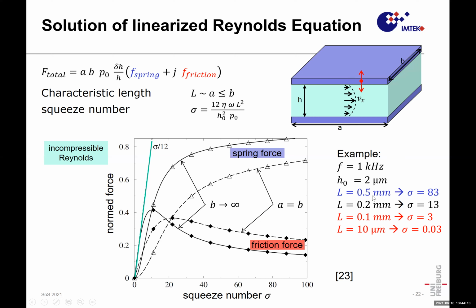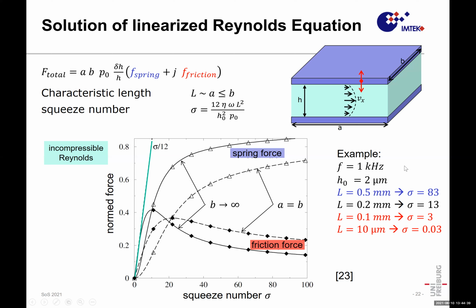So if I have 0.5 millimeter characteristic length, this would be the size of a microphone, I would get a squeeze number of 80, so very high in this case, and that would be like a parallel plate system without any holes in one of those plates. I would get a strong spring force, and maybe my system wouldn't get any signal anymore.